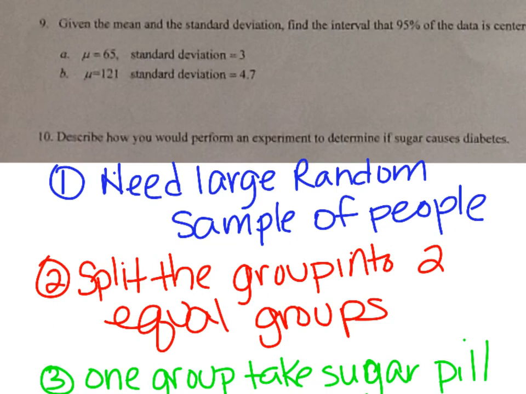And so it's like 3A and 3B. And the other group takes a placebo. And then what you would do is compare. Collect the data. So let's put actually here, collect data and compare.